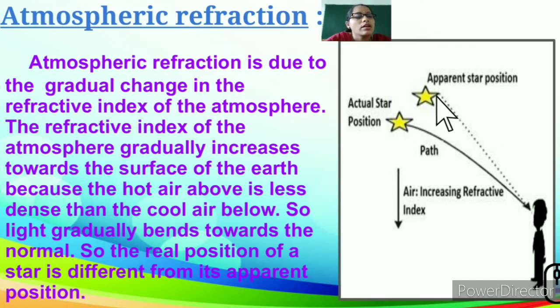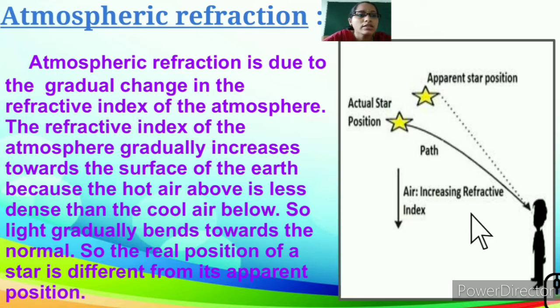So it is high above in the sky, and almost the atmosphere is cold and also dense. Once this refraction of light reaches the earth's atmosphere, here the air is hotter, and you can see that this path changes, the star changes its actual position due to the refraction or the change in the medium.